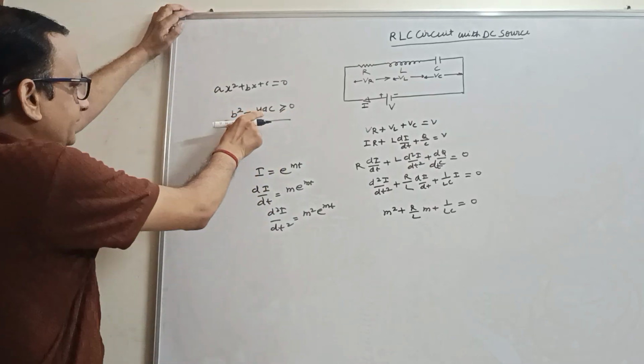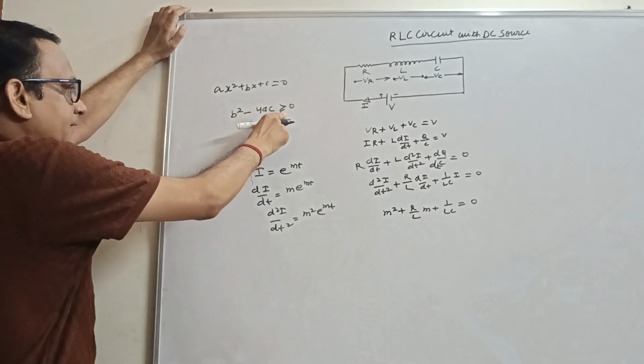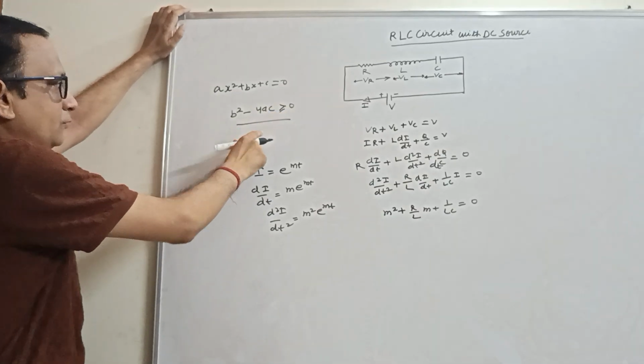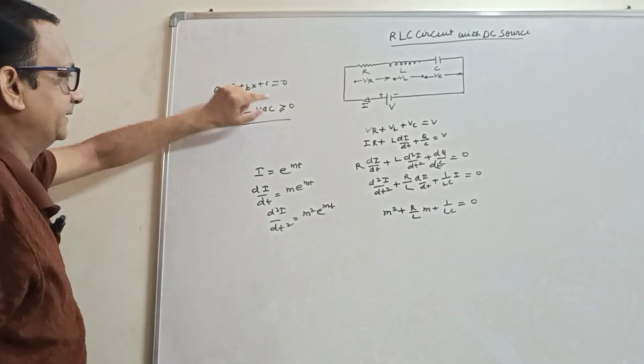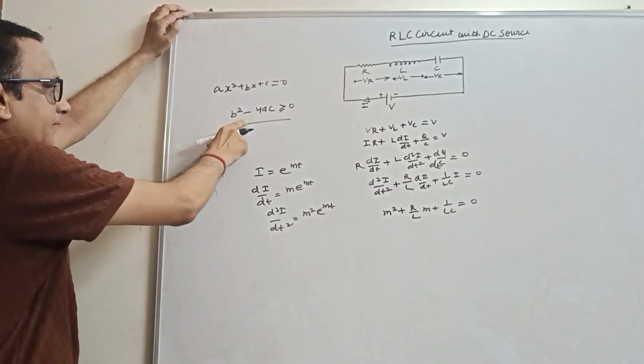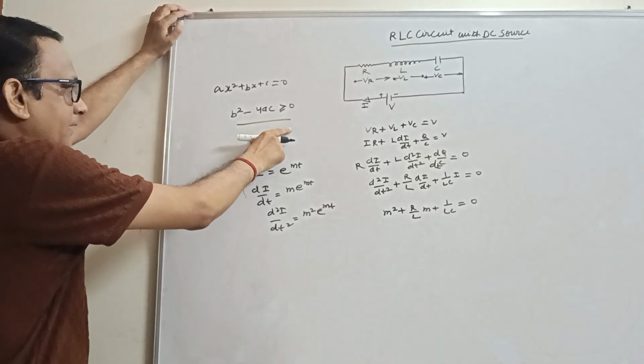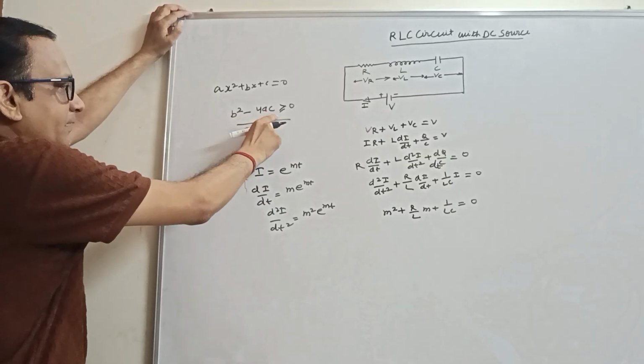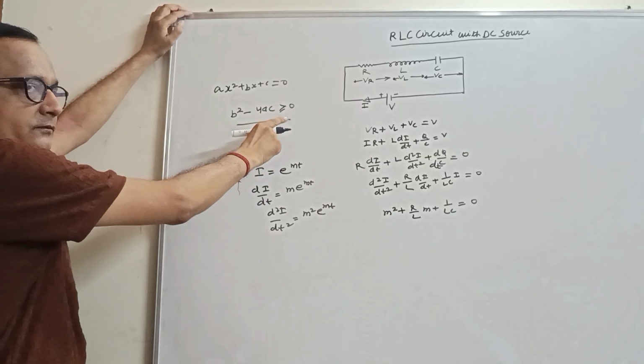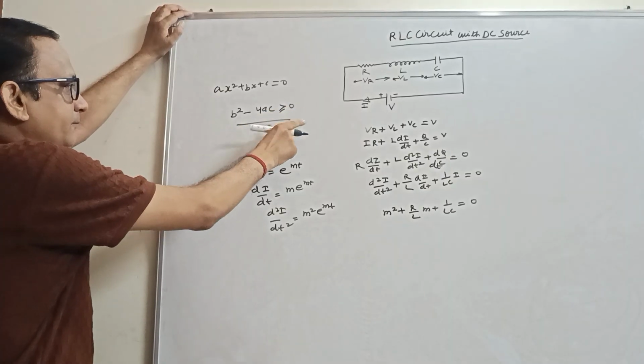If this discriminant is greater than 0, then the roots will be real and distinct, unequal. If b square minus 4ac is equal to 0, then the roots will be equal. When b square minus 4ac is less than 0, then the roots would be imaginary.